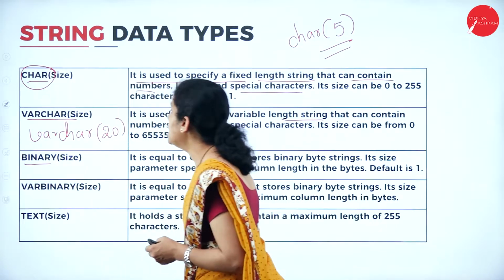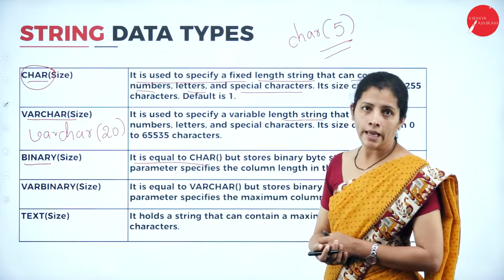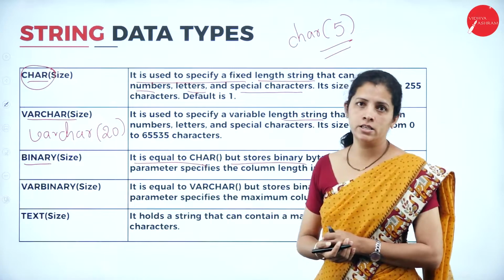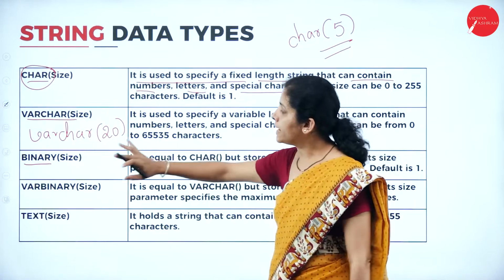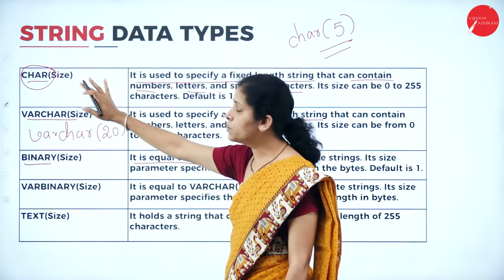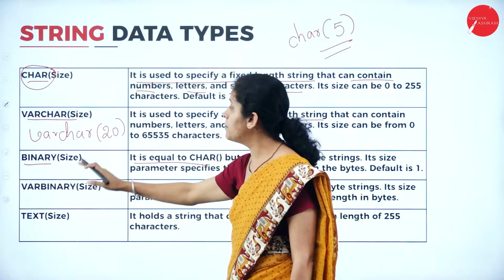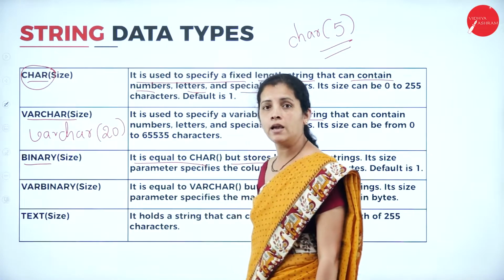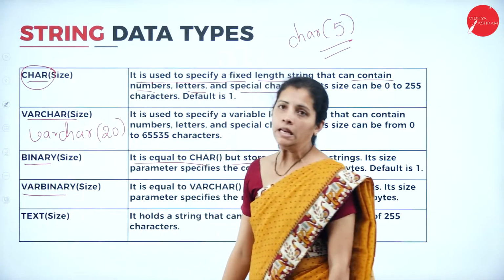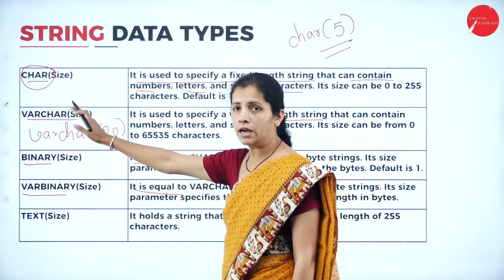Now binary along with size. It is equal to character but stores a binary byte string. So here binary is equal to character. Instead of storing character, number or special character, I am going to store binary bytes. And varbinary of size, once again it is equal to varchar.